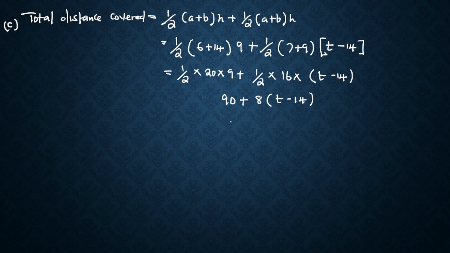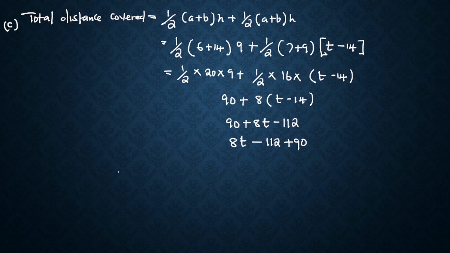Okay, so 90 plus 8 multiplied by the t there. Okay, that is going to give us 8t, and 8 multiplied by 14 there is going to give us 112. Okay, then we'll put the like terms together, where we shall say 8t minus 112 plus 90.